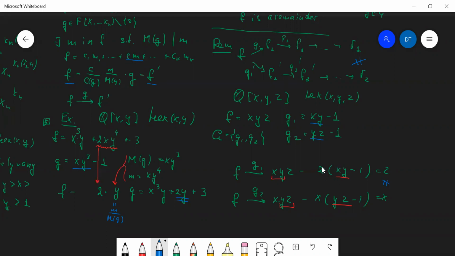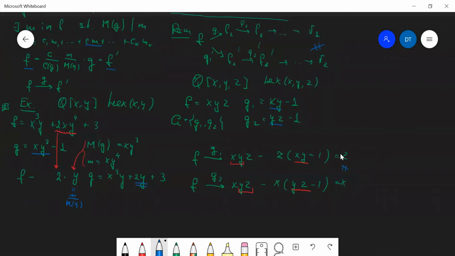So here we multiply xy by z such that the leading monomial is xyz, exactly the same as this one. The leading coefficient here is 1, exactly the same as here. After we subtract this product, we will get the element z. This was just an elementary reduction.